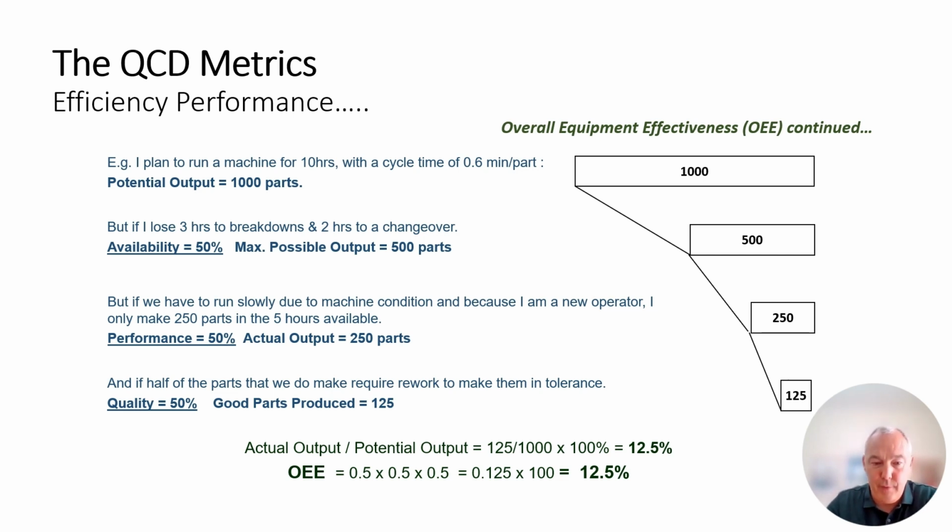So again, that's a 50% production. And so our initial 1,000 components of capacity was reduced to 500, then reduced by half to 250, and by half again to 125. So in this example, the overall equipment effectiveness is 12.5%.